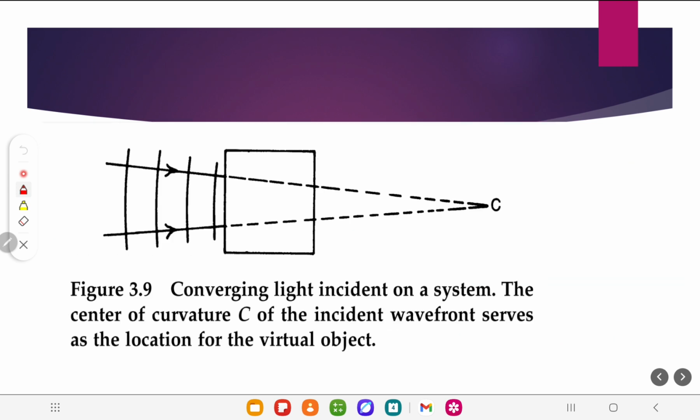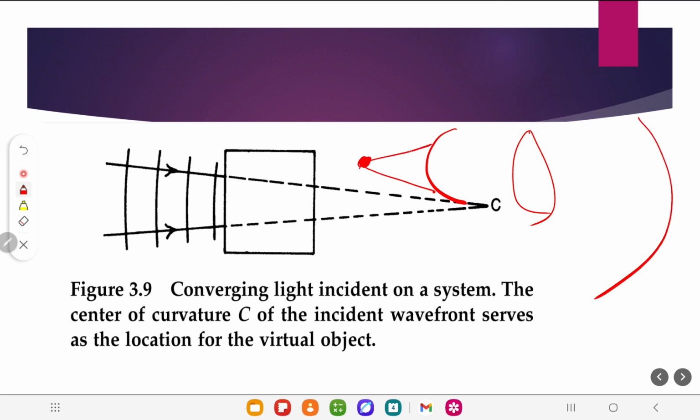So I'll give you a very important example. Let's see, this is an object, this is a cornea, this is a lens, and this is the retina. Here, in object space, light diverges for the cornea, so it is a real object.